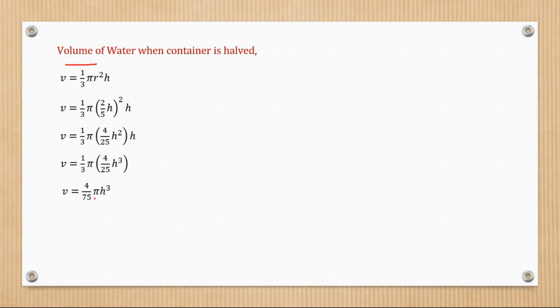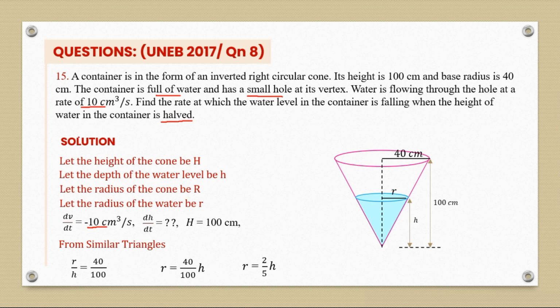The next step is to differentiate this, and I'll have dV/dh equal to 4 over 25 pi h squared. But remember that the value of h when the container is halved is equal to half of the container. When we are halfway, it means we're actually in the middle.